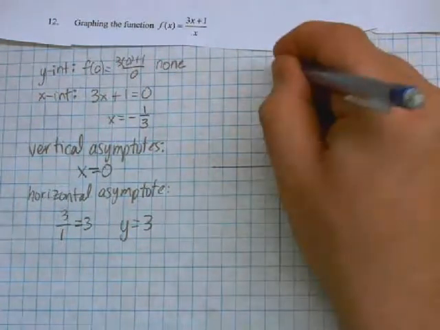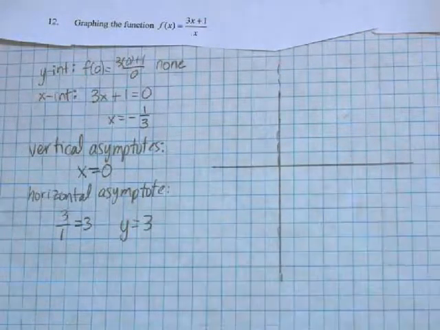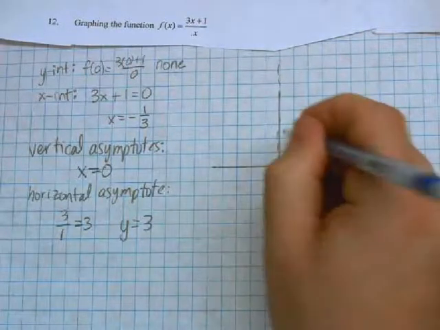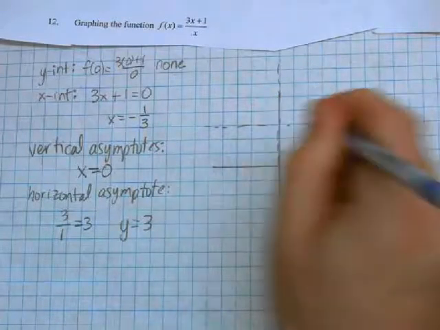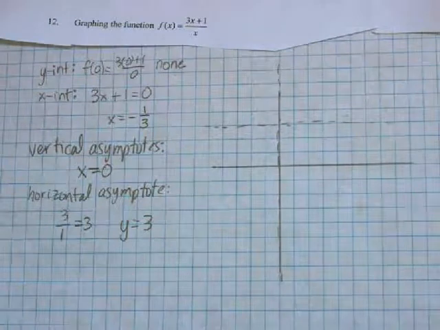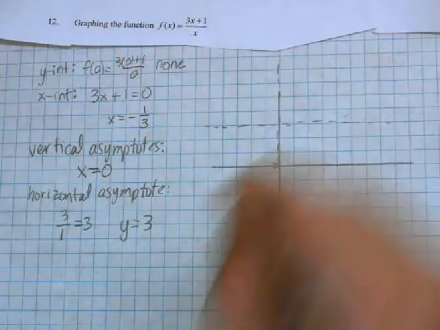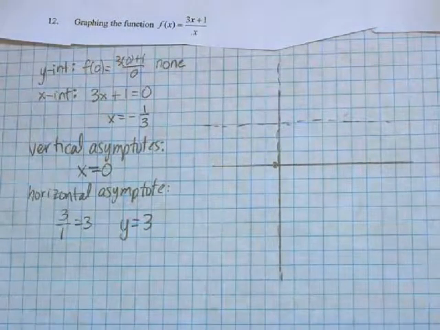So I've got a vertical asymptote at x equals 0, or the y-axis, a horizontal asymptote at y equals 3, and my x-intercept at negative 1/3. And now those are the points I have.